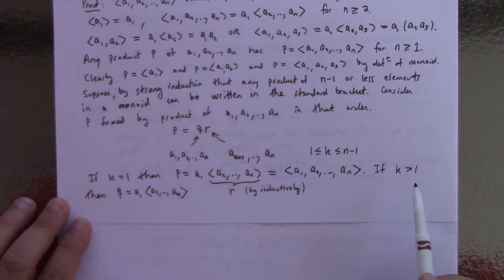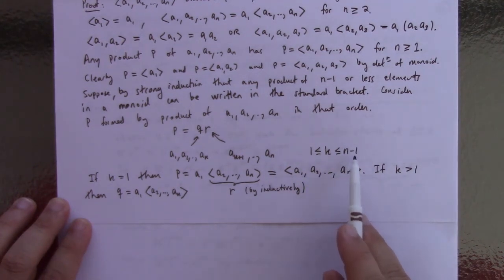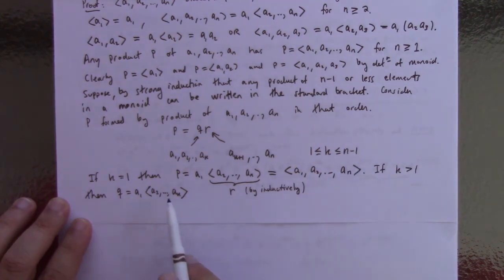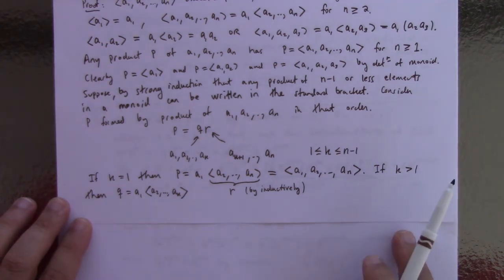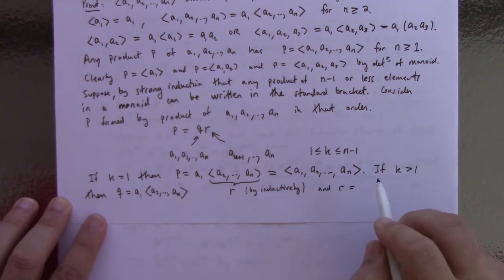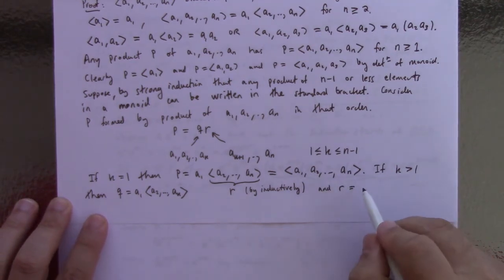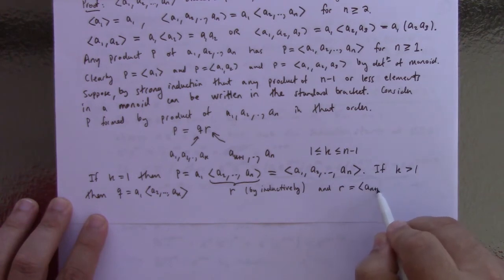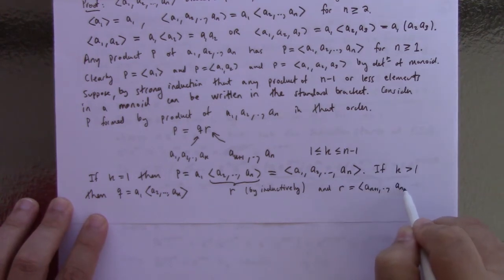Because remember that K is at most n minus 1, so by induction hypothesis I can rewrite it as a standard bracket, and then by definition of standard bracket I can rewrite A1 through AK as A1 times A2 through AK, right? And R is equal to, again by the induction hypothesis, AK plus 1 through An.